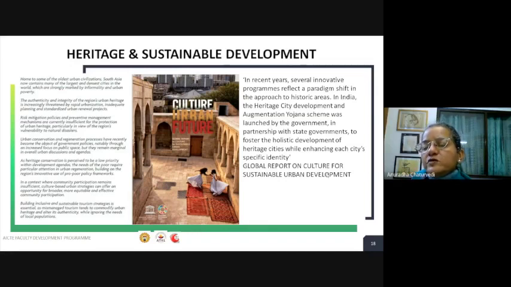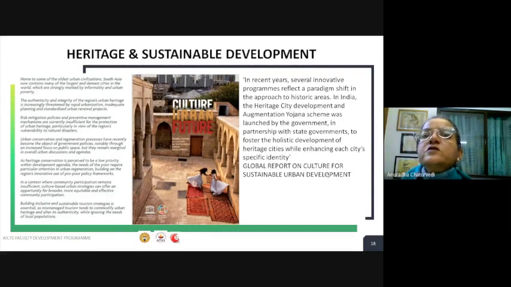As we will go on to see, there are certain pro-poor projects which are being undertaken in the country, which have a very serious integration of heritage resources as a resource for development.